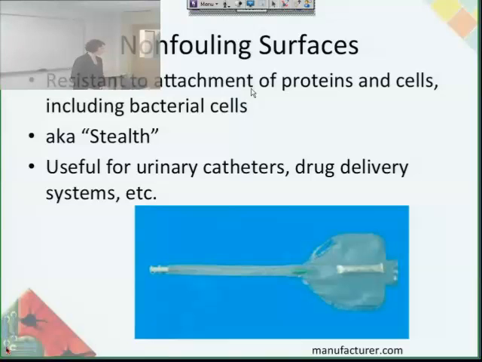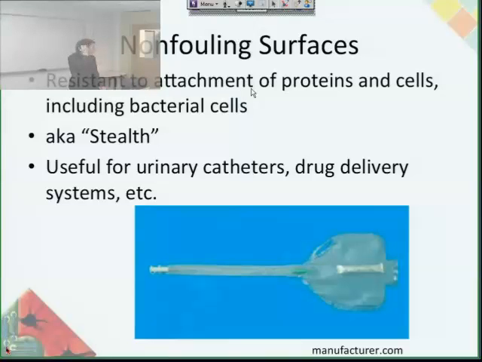It's really useful for something like urinary catheters, which have like a 100% rate of infection if kept in long enough because they're really exposed to bacteria. If bacteria can't attach, then it would be more resistant to infection. So coating something like a catheter with a hydrogel that cells can't attach to is very useful.